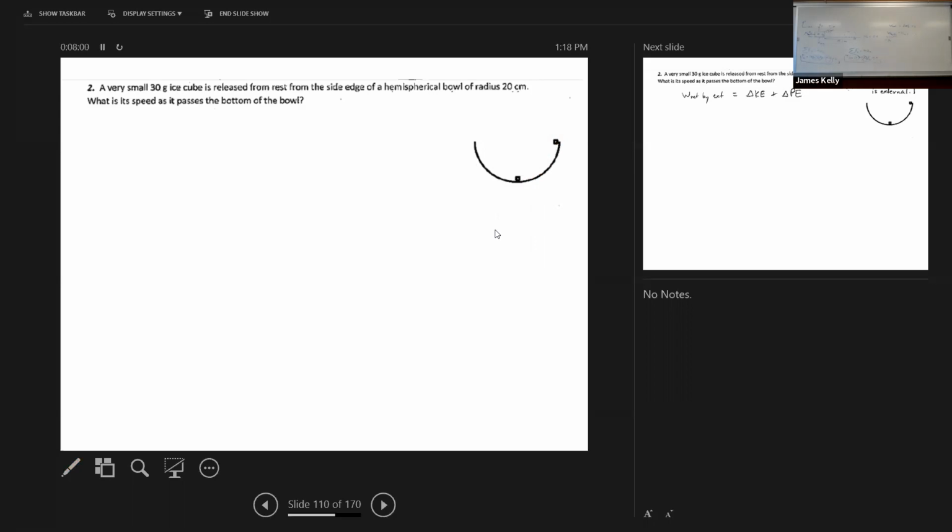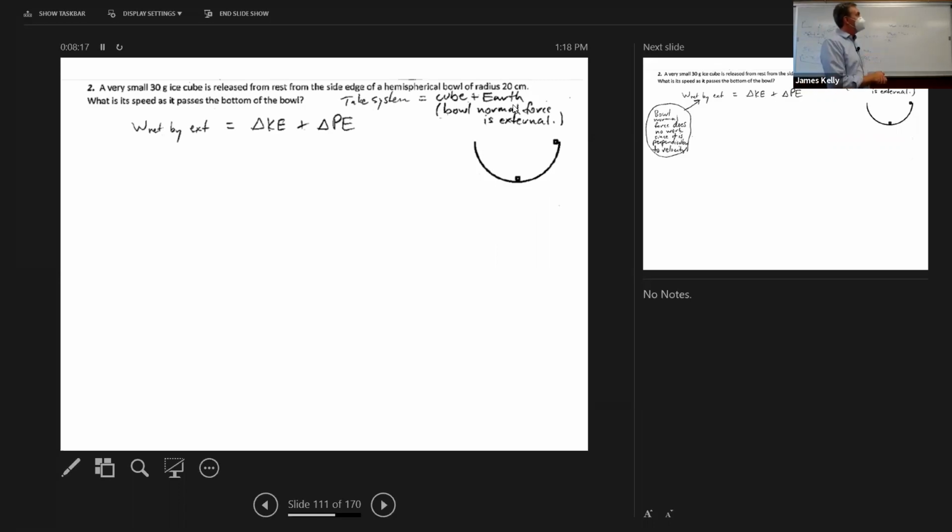And again, I would like to use the conservation of mechanical energy, but I've got to be able to choose my system very carefully. I can't say mechanical energy is conserved if I'm choosing just the particle. So in this case, just in the same way we did in one case where we had an object on an inclined plane and gravity was acting, I said let's take the system to be the object on the plane plus Earth.